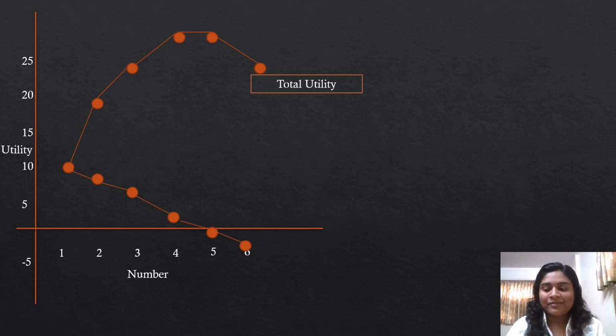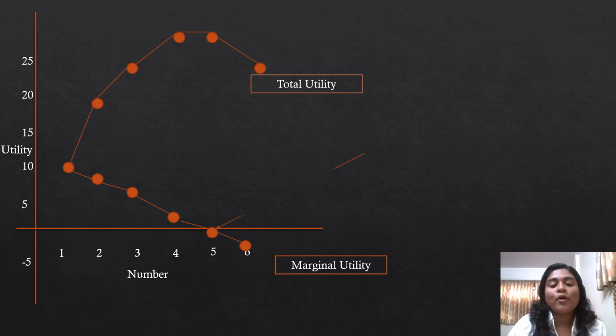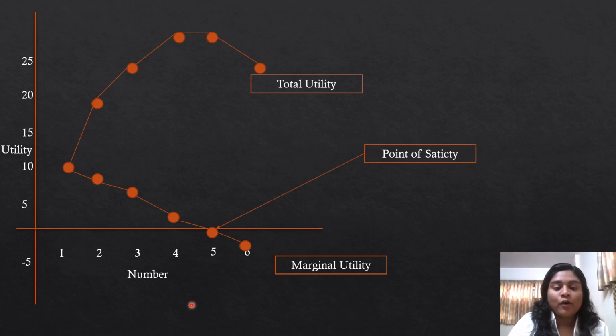This curve helps us understand how the total utility increases at a diminishing rate, and as you increase the number of cakes, your marginal utility keeps on diminishing. Over here, there is a point of satiety. What is this point of satiety? Over here, your marginal utility is 0 and your total utility is at the highest, or maximum.